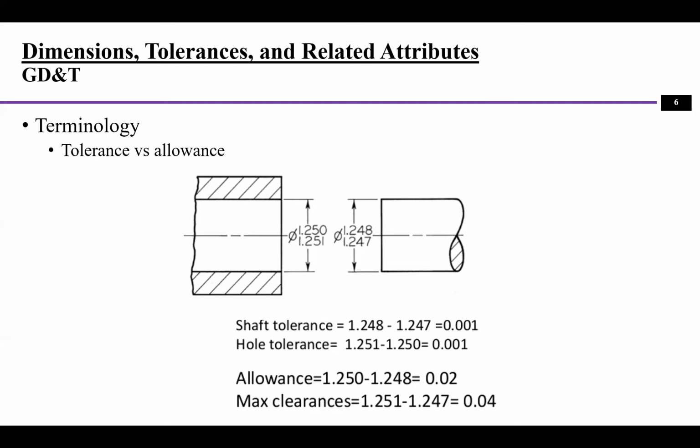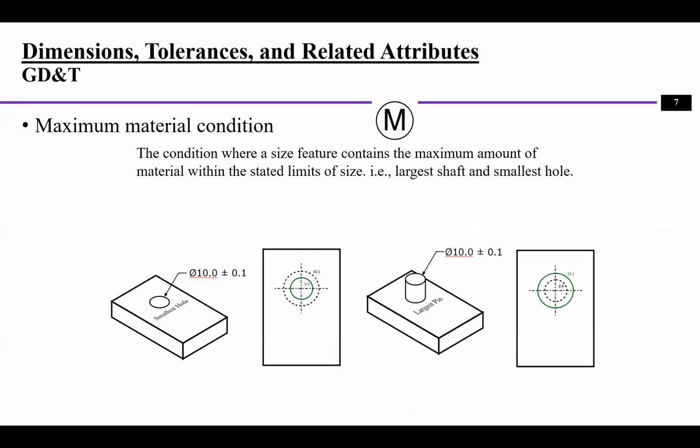So then we can see how much gap there is. That is the allowance. And a clearance, or typically we say the max clearance, means we use the largest hole minus the smallest shaft. So what is the max clearance we can have? So those are the two terms, tolerance versus allowance. We need to be clear.